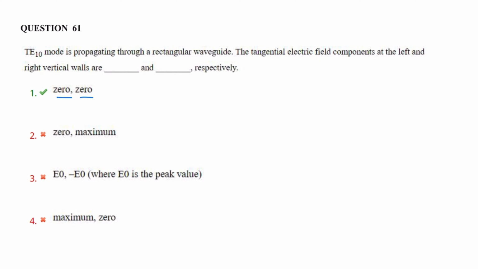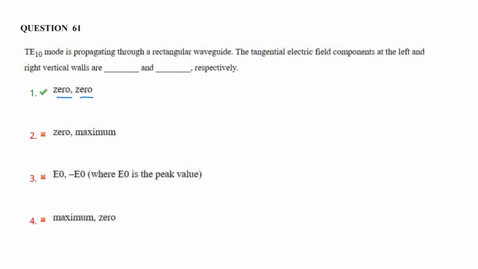The walls of the waveguide are made up of perfect conductors. The tangential components of electric field, Ex and Ez, must be 0 at the left and right walls of the rectangular waveguide. This condition is a direct consequence of conductor boundary conditions, that is, the boundary conditions at the conducting surface require the electric field to be perpendicular to the surface.